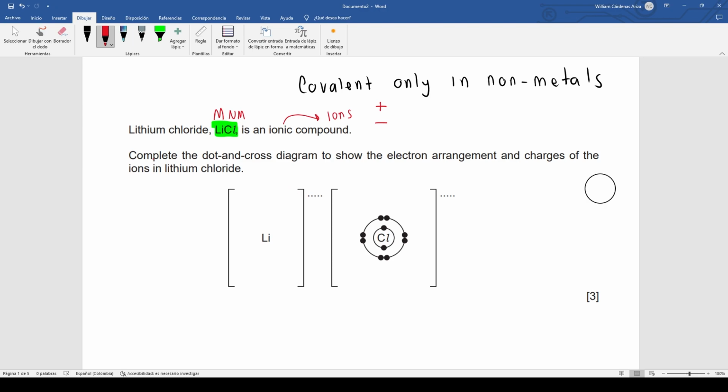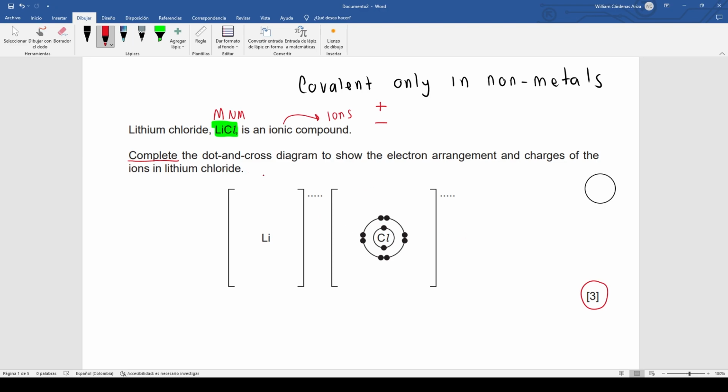Now, we have to complete, this is a very important command word, so that means that something that you have is incomplete, so you have to complete it. It may sound pretty obvious, but, you know. So, you have lithium here, and we have chlorine, and 3 marks will be awarded for this kind of exercise. So let's see.